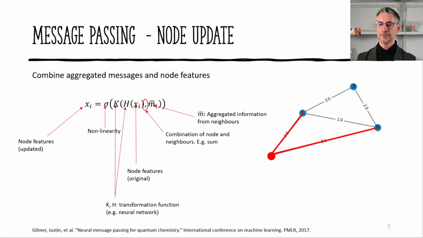We have transformation functions, for example, our neural networks that learn how to combine information. And we have the aggregated information from all the neighbors. So essentially what we do is we take the information from our neighbors into account, build a small function f around it, and then combine all this different information from different nodes into our new state that describes our current node.